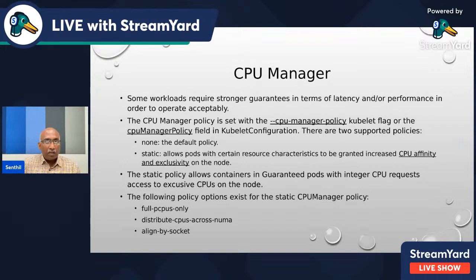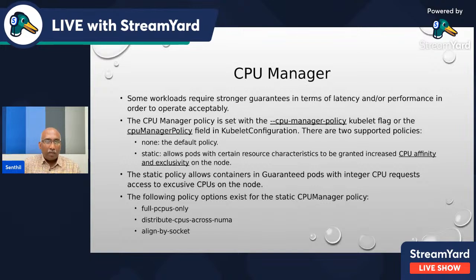Which means the OS cannot schedule any other process or any other container onto that CPU core, and that CPU core is dedicated for that container. So you can gain such a control over CPU allocation using CPU manager.